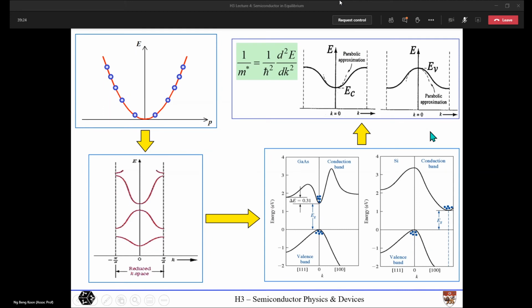Now, one other thing we talk about is that although the E-k diagram of a semiconductor is no longer parabolic, if you look at where electrons and holes generally occur in the E-k diagram, for most applications they tend to exist near the edge of the conduction band and the valence band.